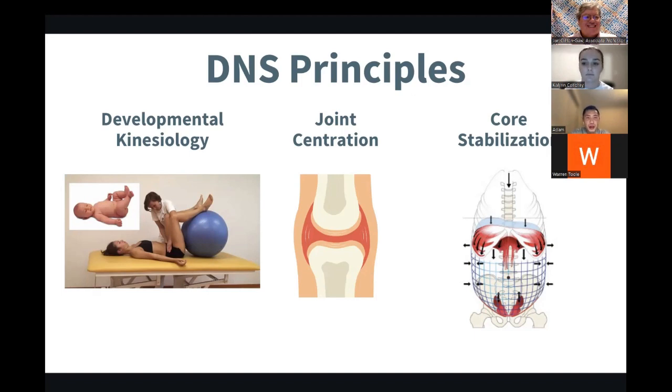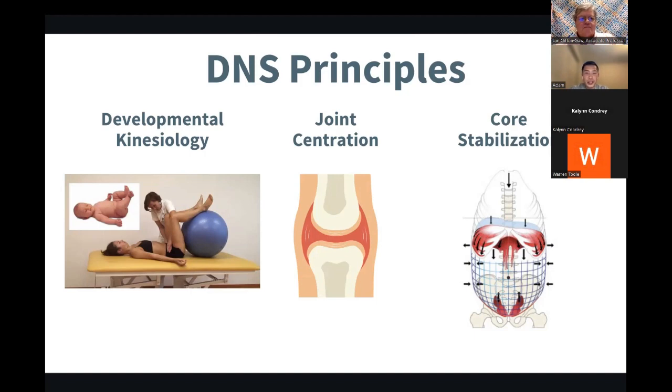The way a baby develops is the best way to develop core stabilization, and then we instruct our patients to follow different stages of development, and in that way we can train their core using the best strategy, right?